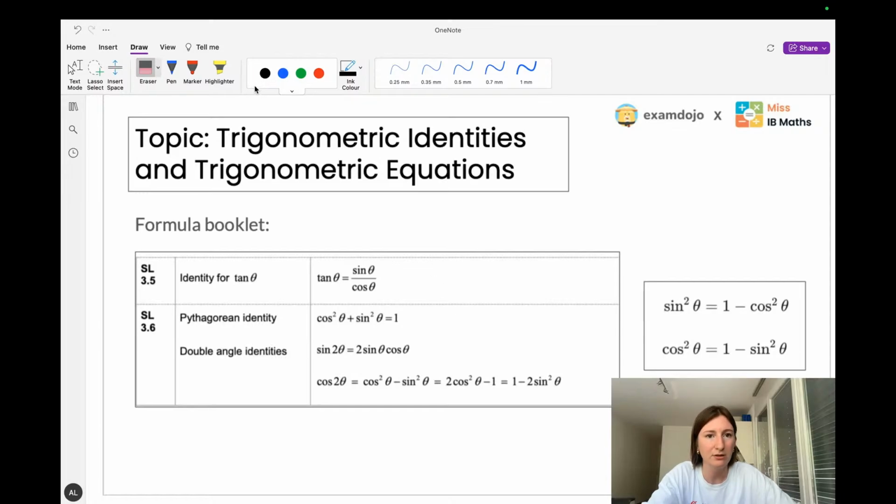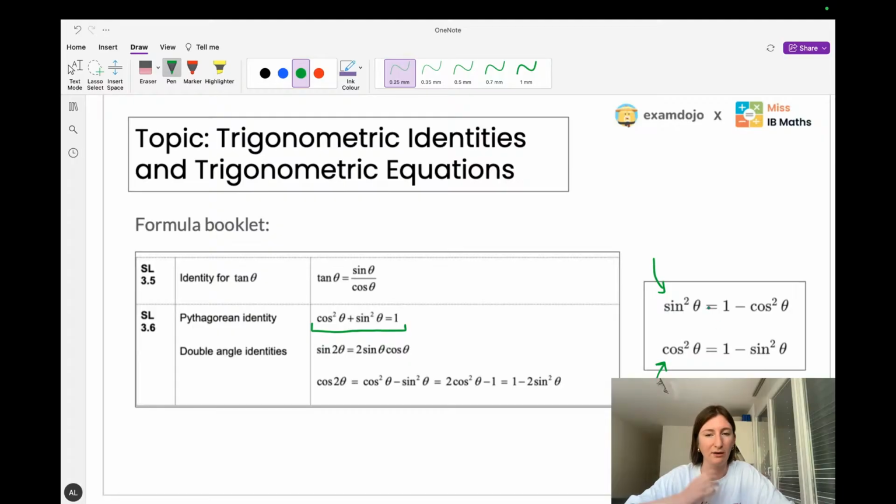One thing to draw your attention to is this one here, the Pythagorean identity. It often is used like this. You don't really ever see it used like this, or not very often, but it's most likely you're going to have to make a substitution like that.